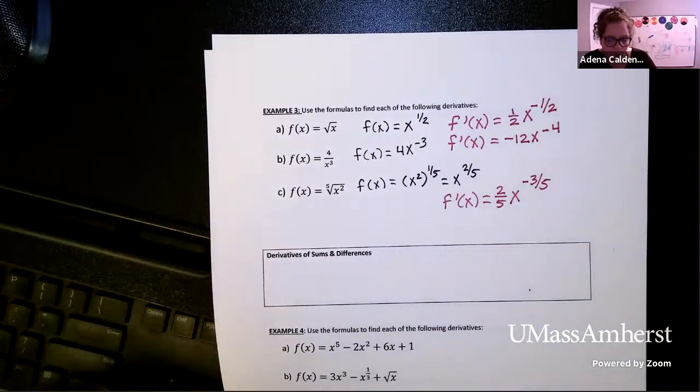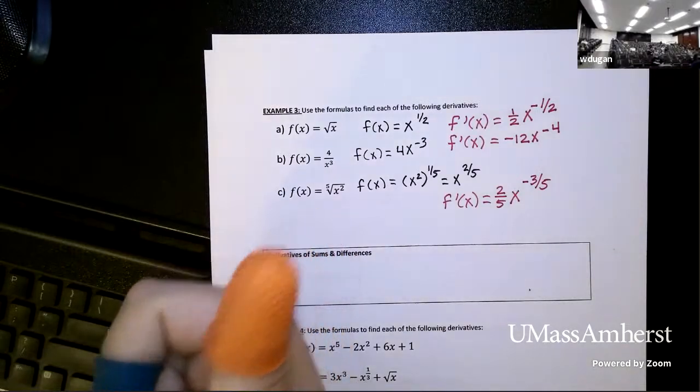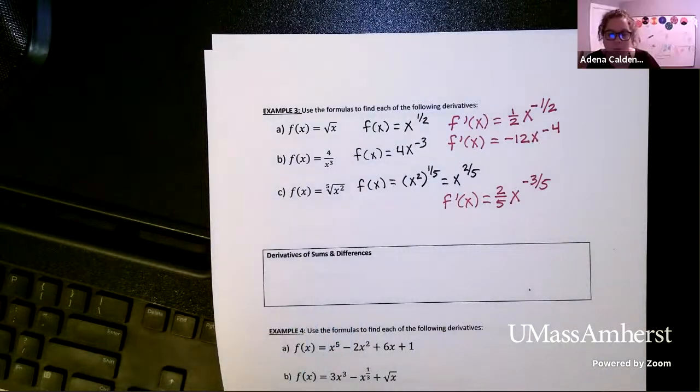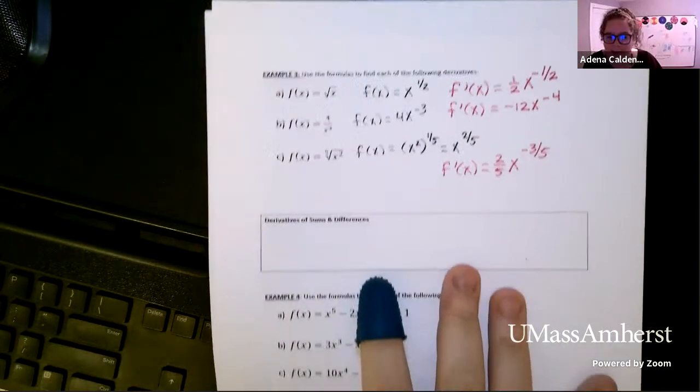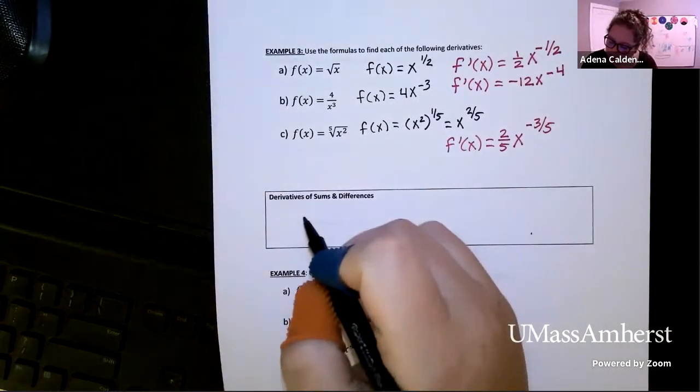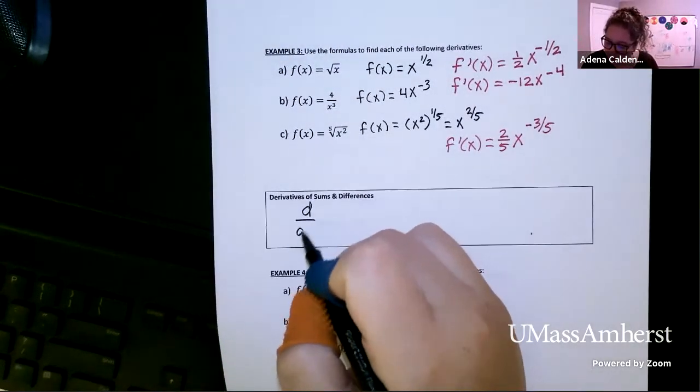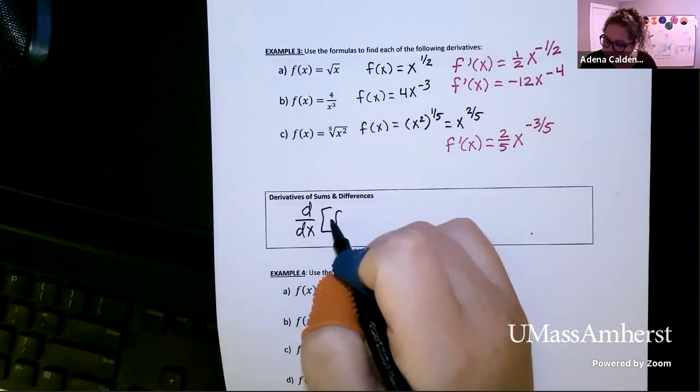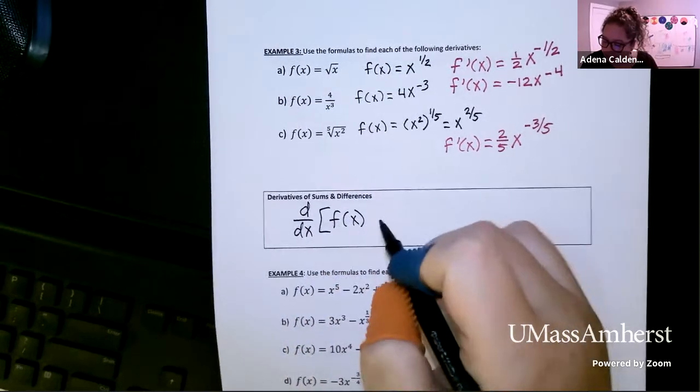So now we know basic formulas, we know the constant multiple rule, we've practiced rewriting. So the next part that we're going to bring in is what do we do if we have a bunch of terms instead of just one that are separated by addition or subtraction?